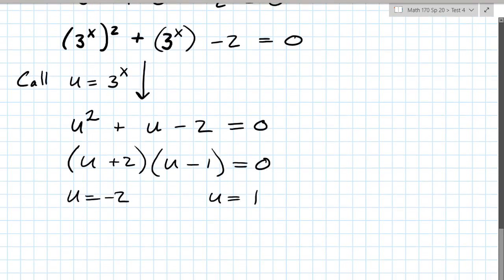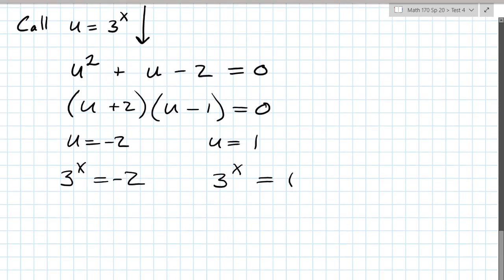But u is not what we're looking for, it's x. So 3 to the x is -2, and 3 to the x is equal to +1. Now that we're at this step, we can change from exponential form to logarithmic form.